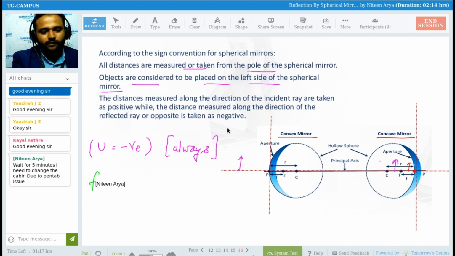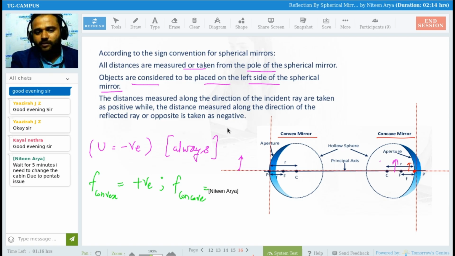Now, the focal length for a convex mirror is going to be positive. Why so? Because the focus point is on the right hand side of the mirror, whereas the focal length for a concave mirror is going to be negative.